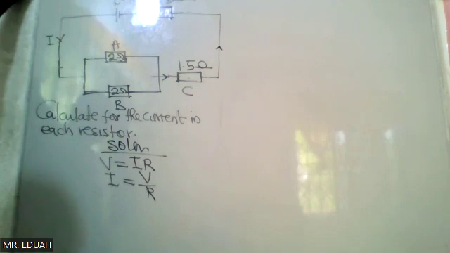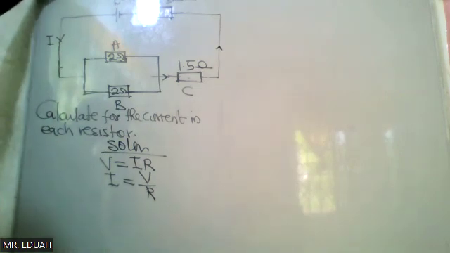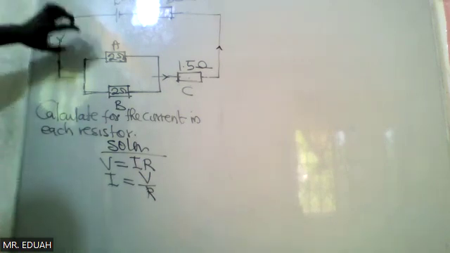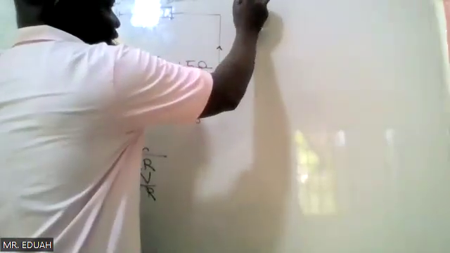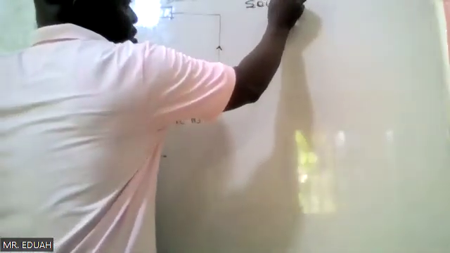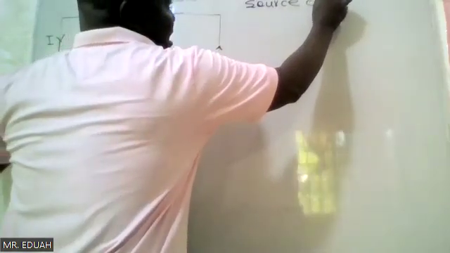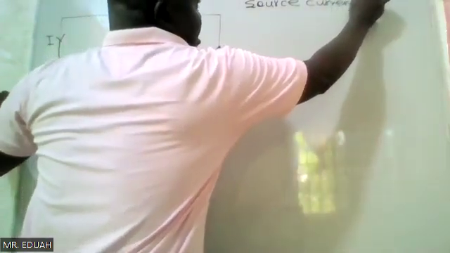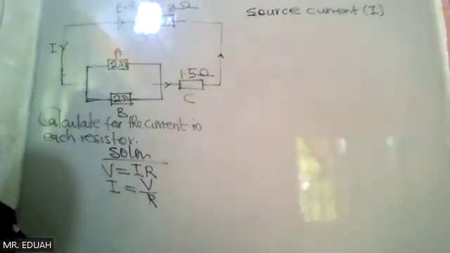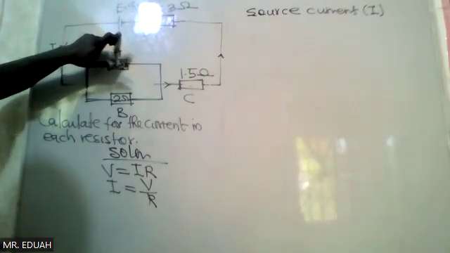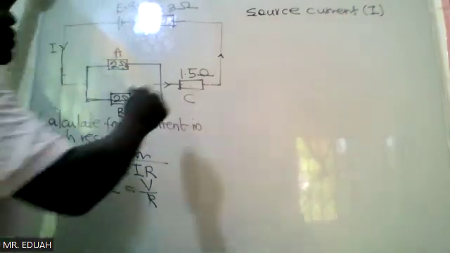We can only do that if we are able to find the source current I, which can be calculated if we have the total resistance within the circuit, because we know the total EMF.